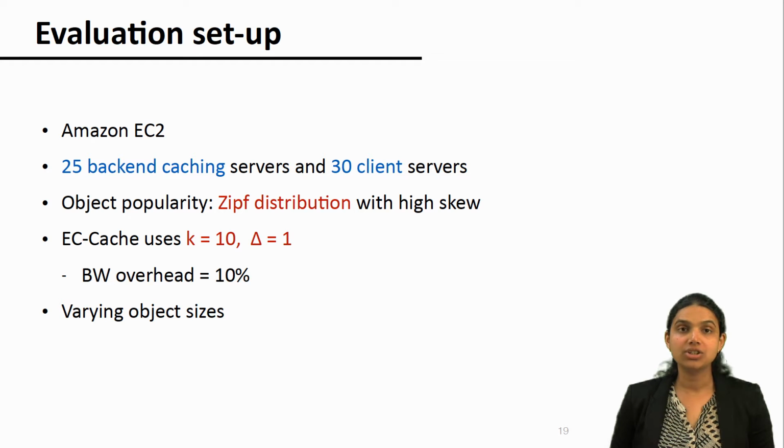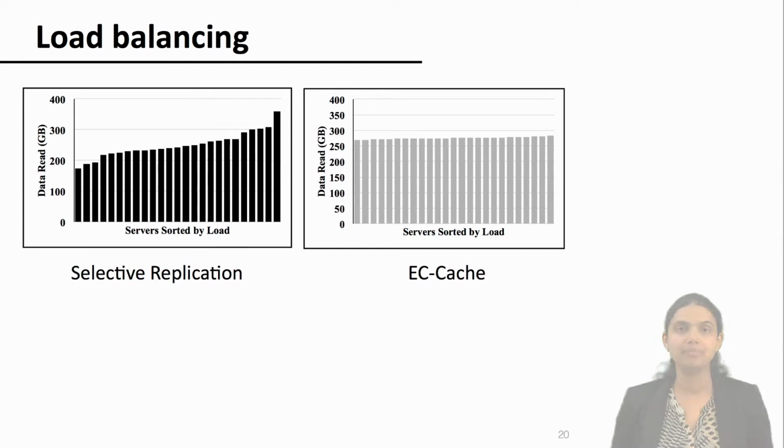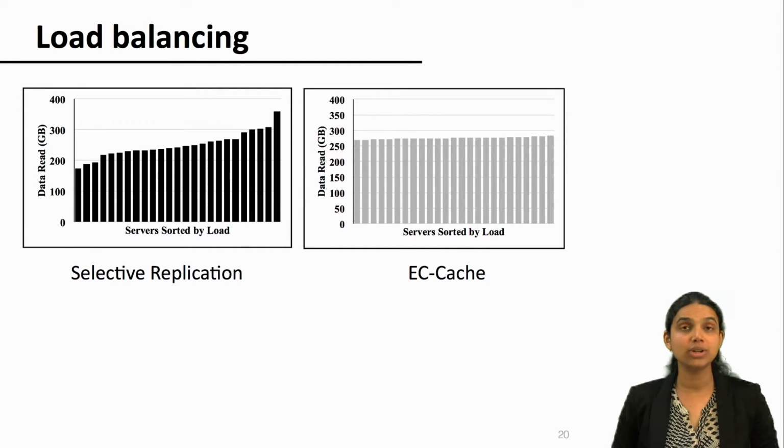We have performed evaluations on varying object sizes. I'll start with results on objects of size 40 megabytes. First, let us look at load balancing. In both of these plots, on the y-axis, we have the load on the servers in terms of the amount of data read, and on the x-axis, we have the servers sorted according to the load.